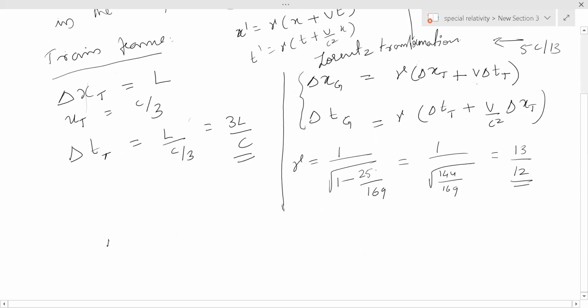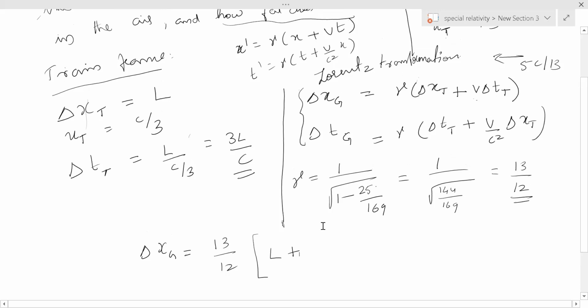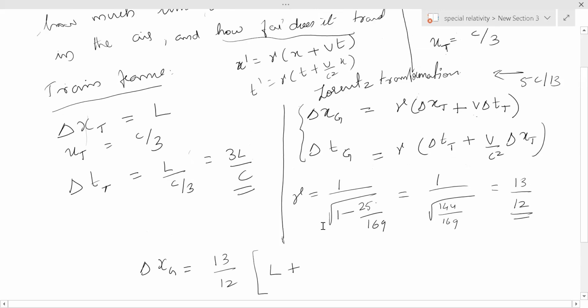And delta xg. What's the distance traveled with respect to the ground? That's equal to 13 by 12 multiplied by delta x train, which is L itself, plus v, which is 5c by 13, multiplied by delta t, which is also given here, 3L by c.